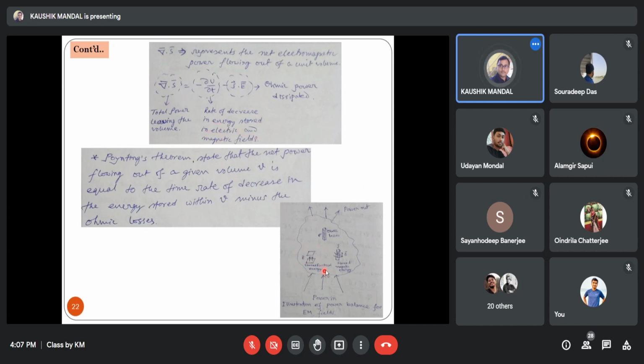This is representing the stored electric energy, this is representing the stored magnetic energy, and this is representing the ohmic loss. So the net power flowing out of a given volume V will be equal to the time rate of decrease of stored electric and magnetic energy minus the ohmic loss.